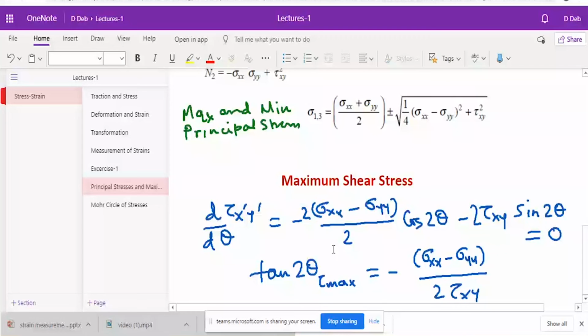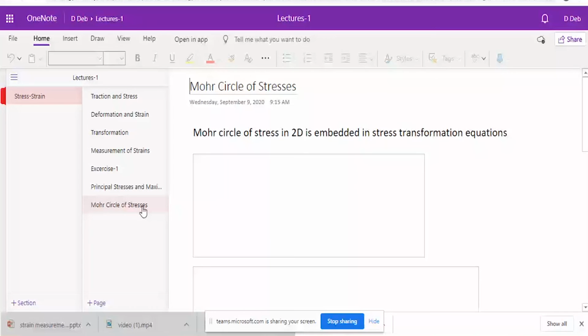Now, you see, these are the three equations. The stress transformation equations have been given.